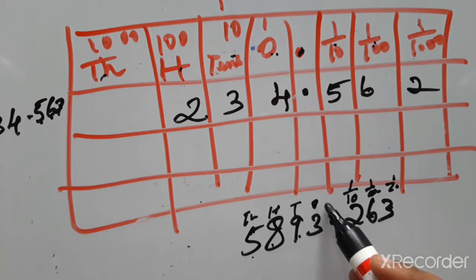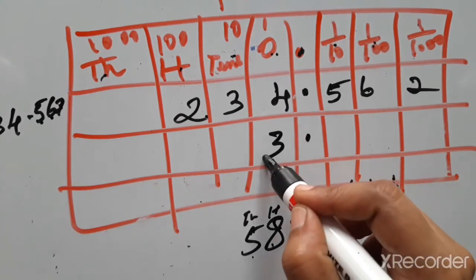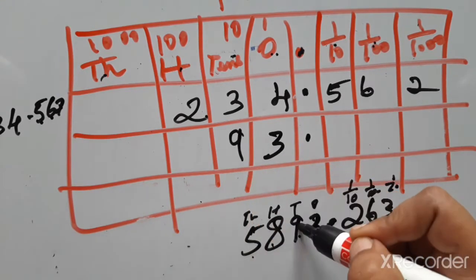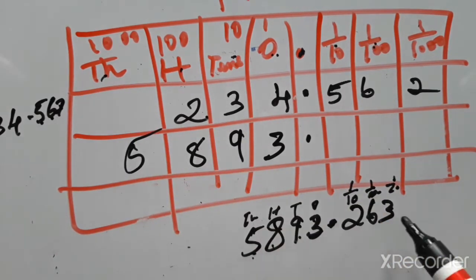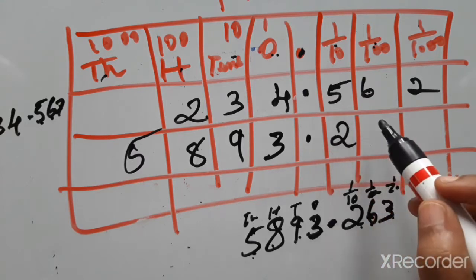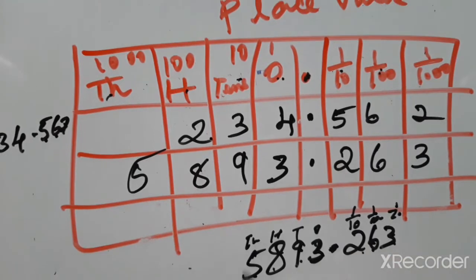Okay. So before the decimal point, this is the ones place. So 3 we have to write here in the ones place, 9 in the tens place, 8 in the 100 place, 5 in the thousands place. And the decimal point is over. Then 263: 2, 1 by 10, 1 by 100. Okay, this is an example for a place value chart.